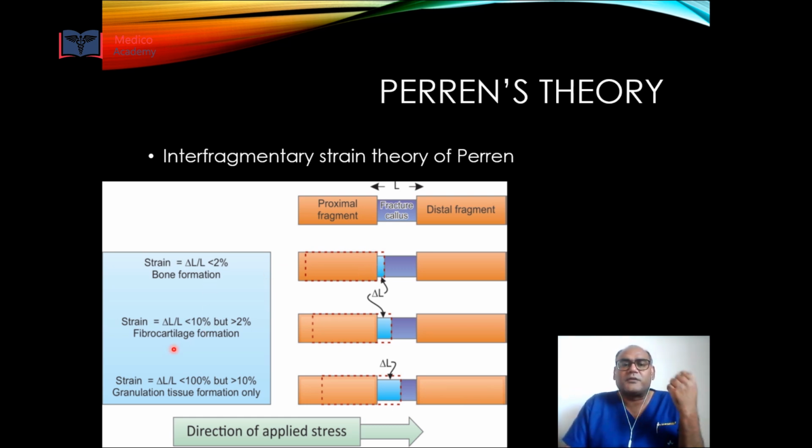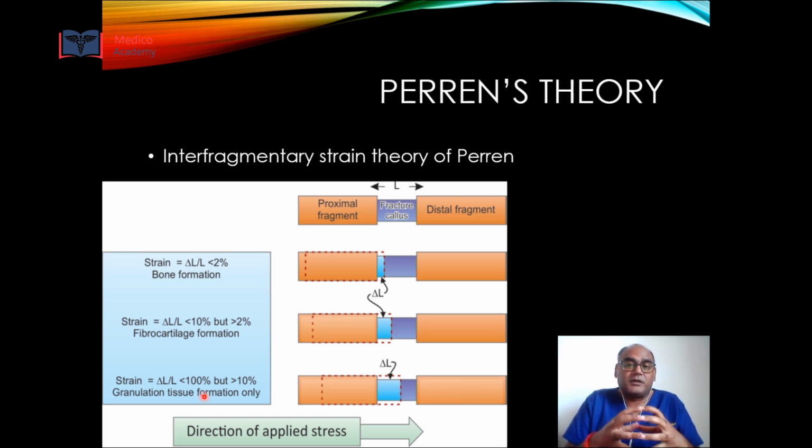Otherwise, it will either arrest at the soft callus stage, when the fibrocartilaginous tissue was formed, or at the granulation tissue itself. Now, the granulation tissue which was present in the inflammatory phase, hematoma, inflammation, soft callus, hard callus. So at the inflammation stage, the granulation tissue which was formed can bear the maximum amount of translatory strain.